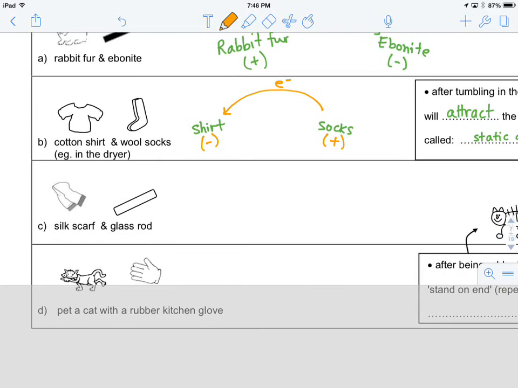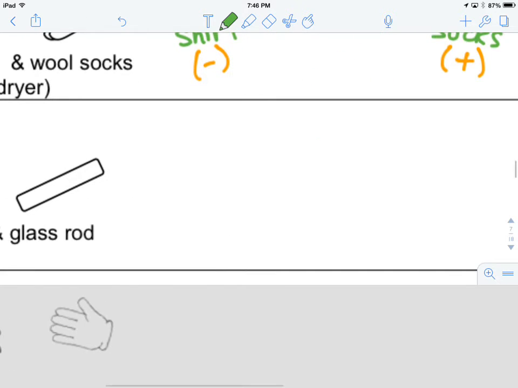All right, so here's another one that we can do. Silk scarf and a glass rod. Again, we've got the silk down here, and we've got the glass over here.